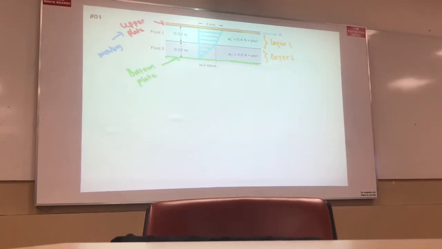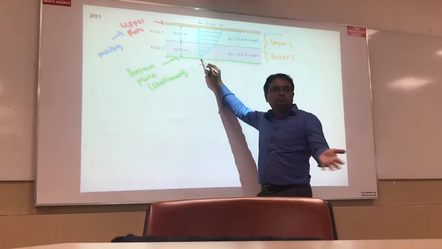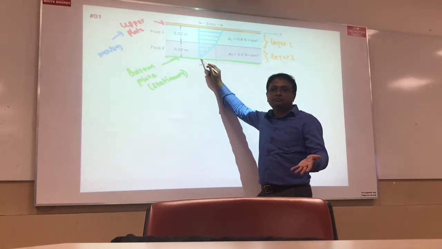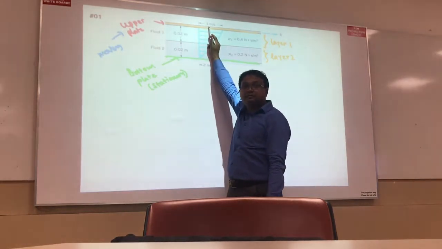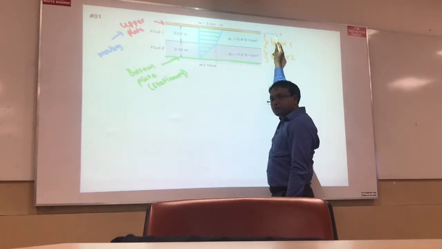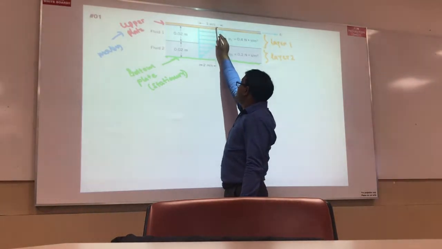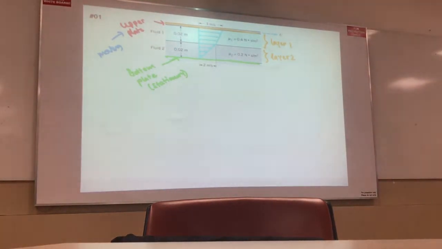It is not moving, so the velocity of this plate is 0. And the velocity of the upper plate is some number u, which moves 3 meters per second.